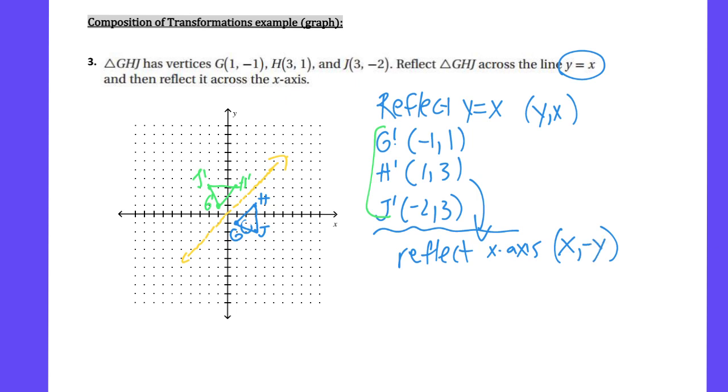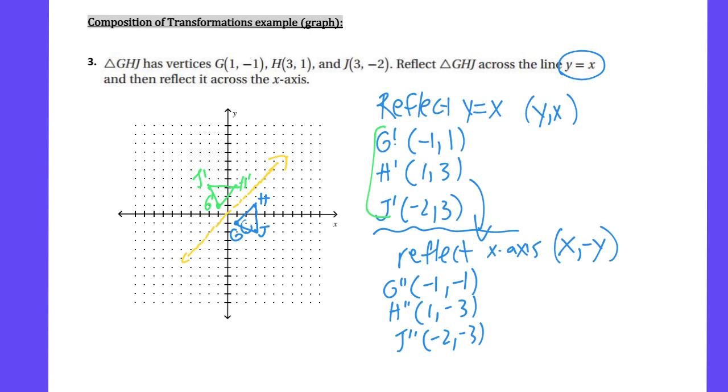Okay, and so to do G double prime, you're going to keep x the same, and you're going to make y the opposite. To do H double prime, you're going to keep x the same, and y will become opposite. And J double prime is going to be keep x the same, and y will become opposite. I'm going to get a new color.